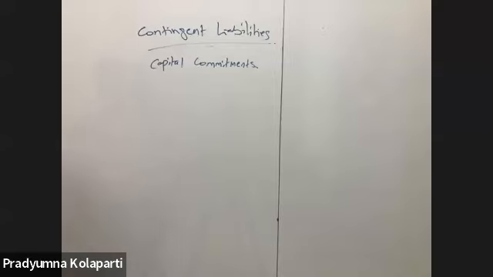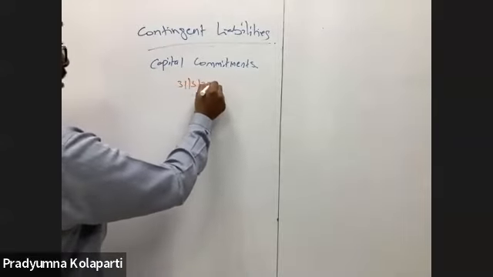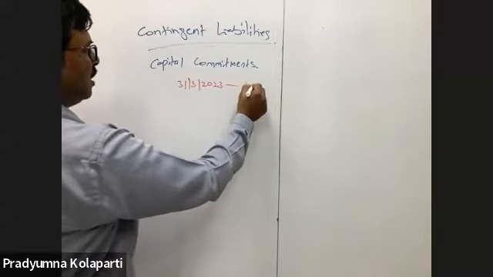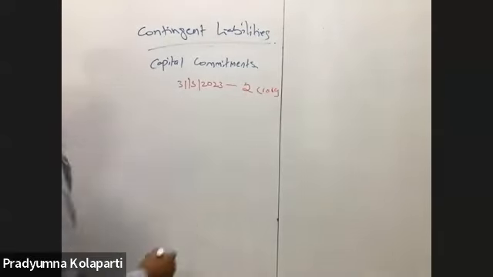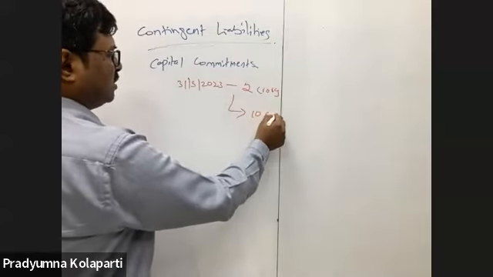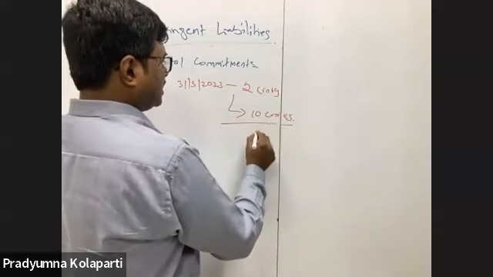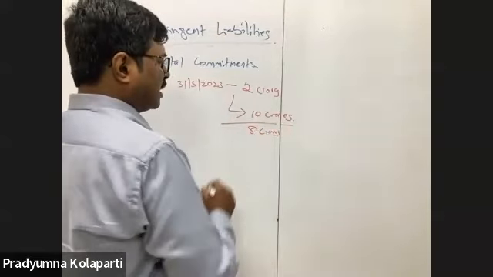I have given a purchase order for constructing a capital asset of mine, for example, for 10 crores I have given the order. But till 31st March 2023, I have executed only 2 crores. But my purchase order or work order says 10 crores is the total order. So this 8 crores is my capital commitment.